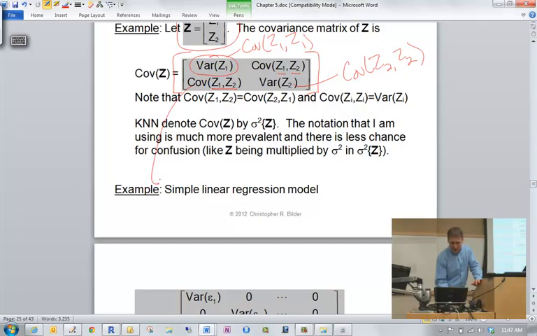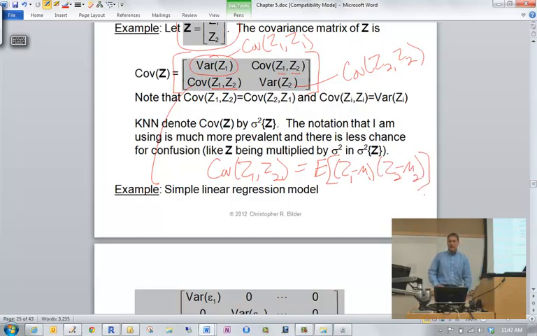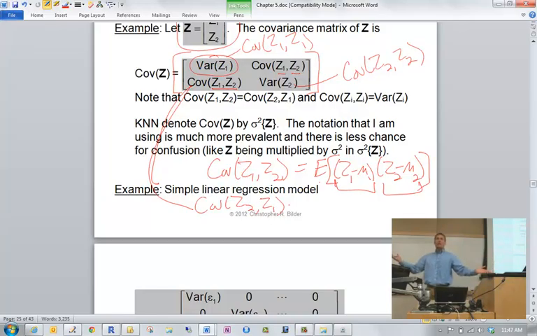It just comes down to, take a look at the formula. Does it matter which one I put in there first? No, it doesn't. You're going to get exactly the same thing. So you could say it's the covariance of Z2 and Z1, when in fact it's also the covariance of Z1 and Z2. It doesn't matter. You're getting exactly the same thing.